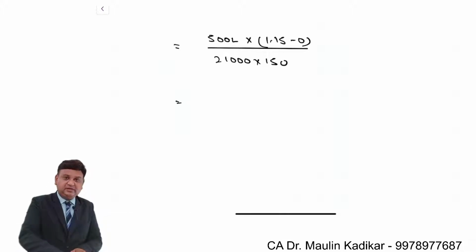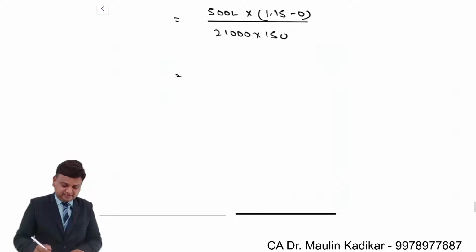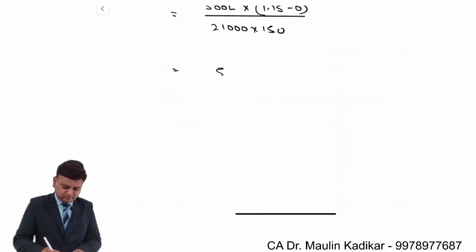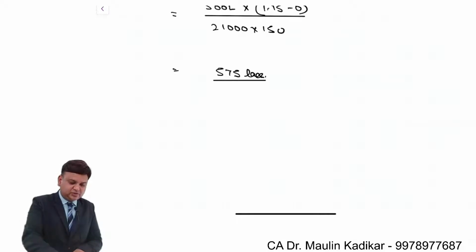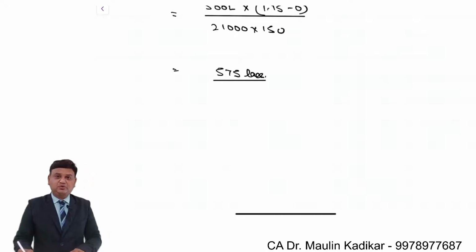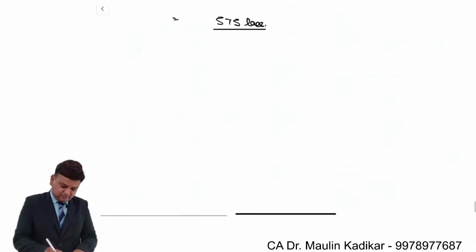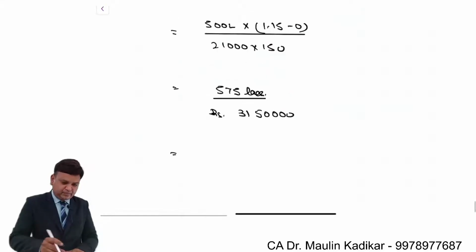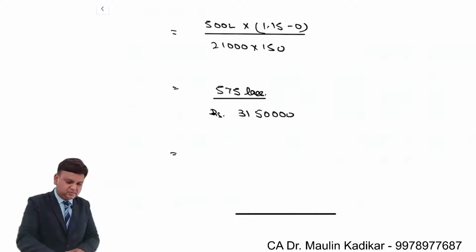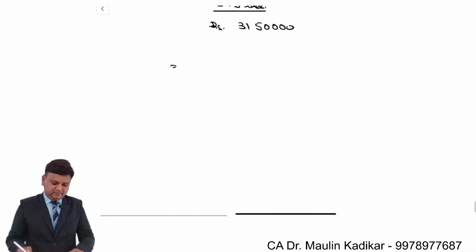So 500 lakhs into 1.15, so 575 lakhs, divided by 21,000 into 150.